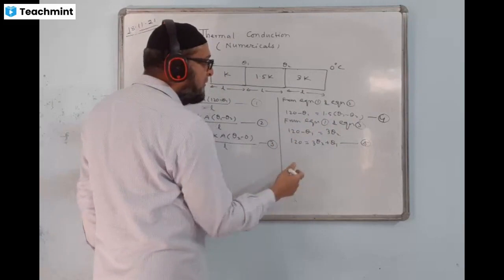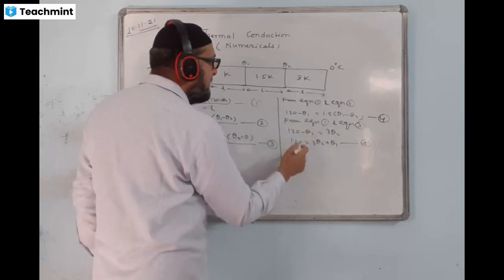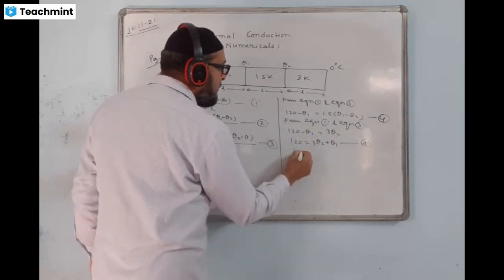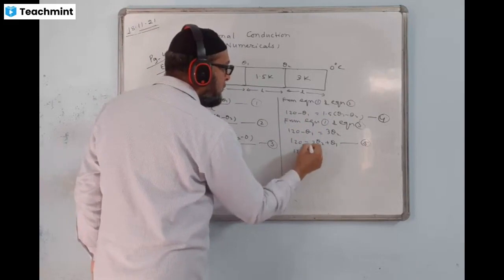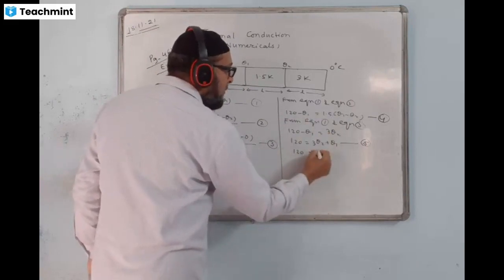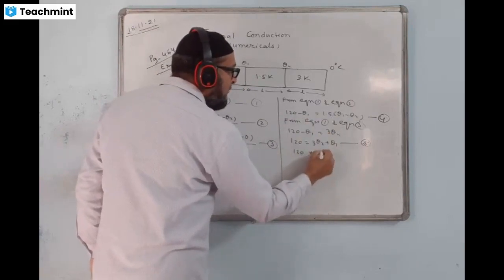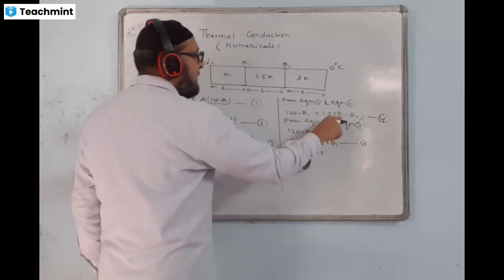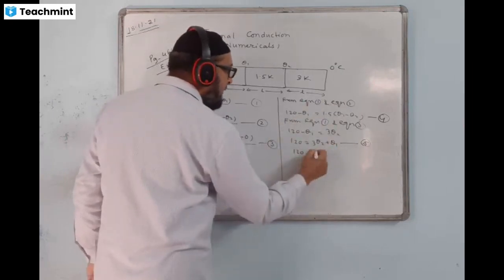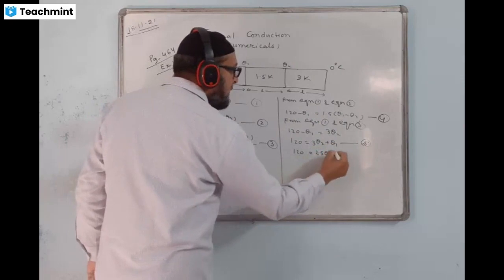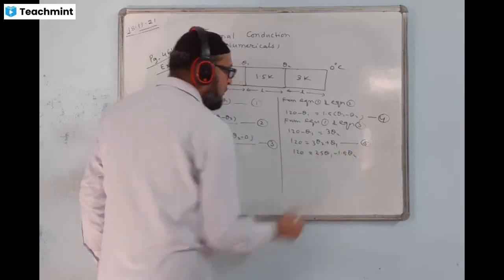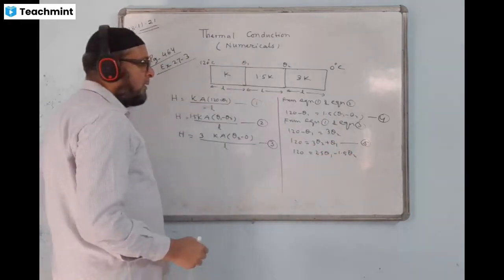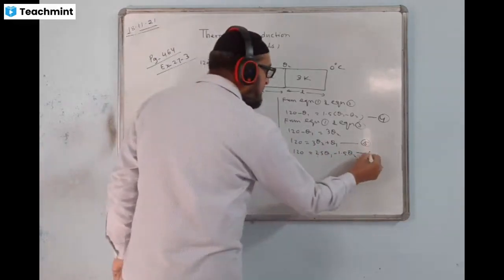In simultaneous equation we will solve. Let us do that only. We will get the answer 120 equal to 1.5 theta 1 plus theta 1 will become 2.5. 2.5 theta 1 minus 1.5 theta 2. Okay, this is equation number 6.